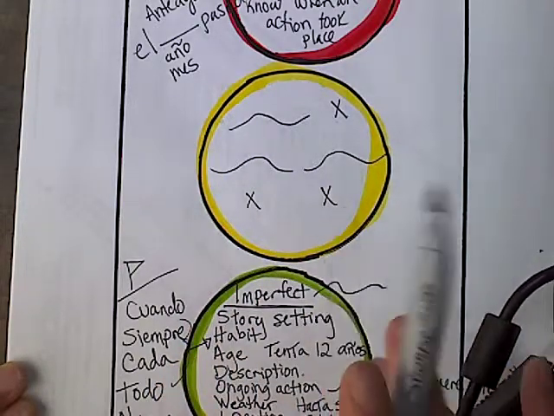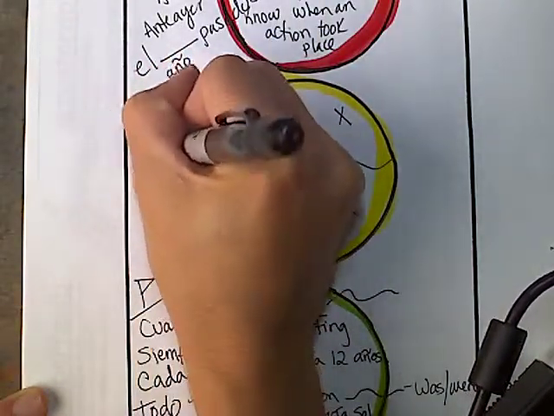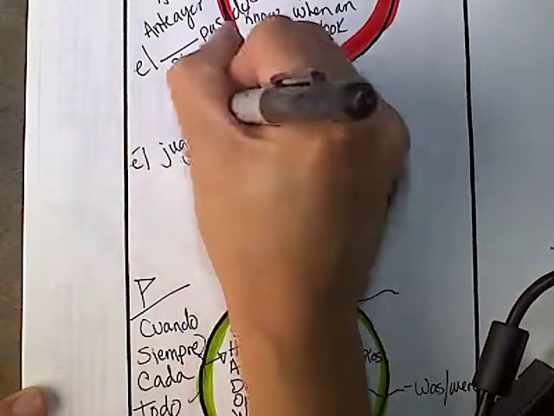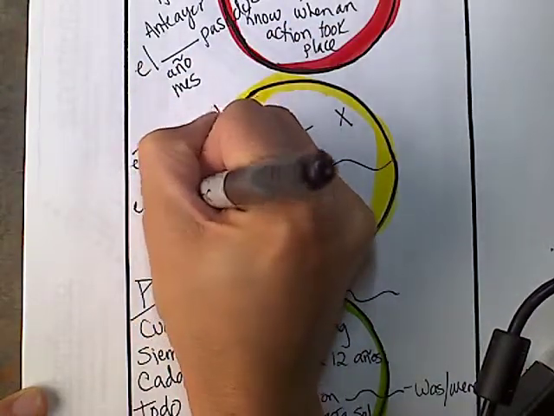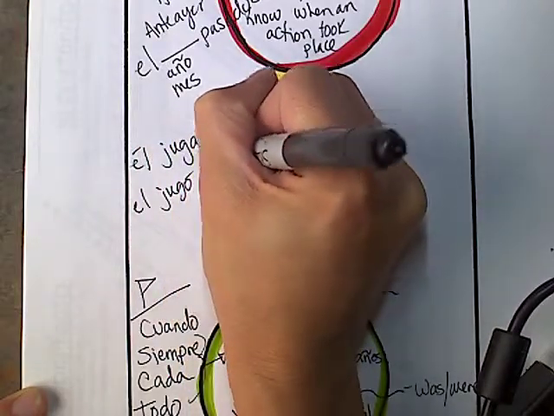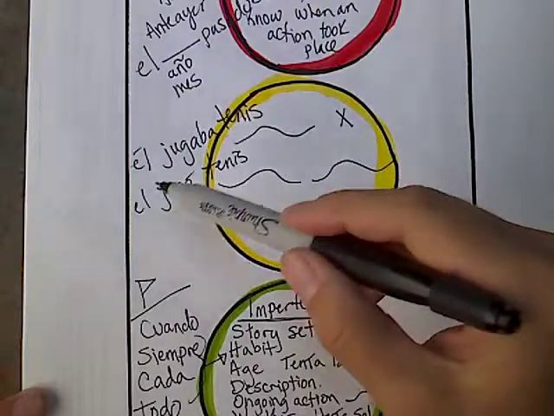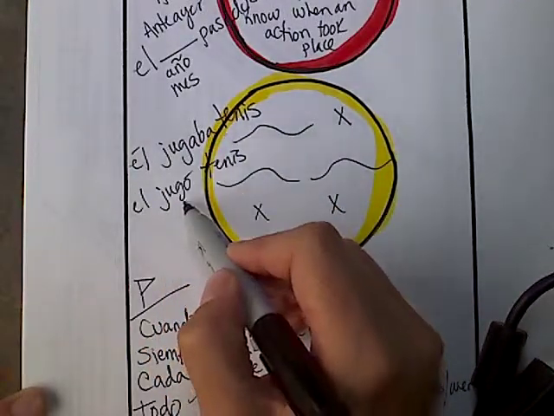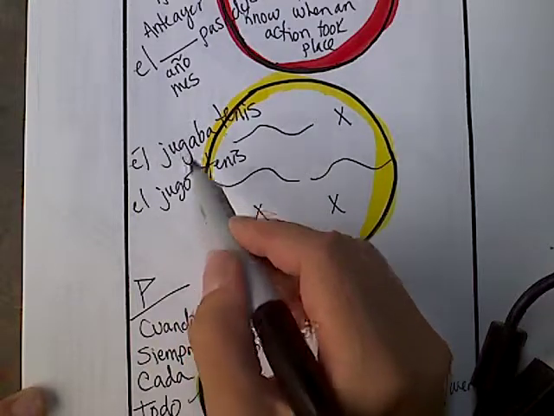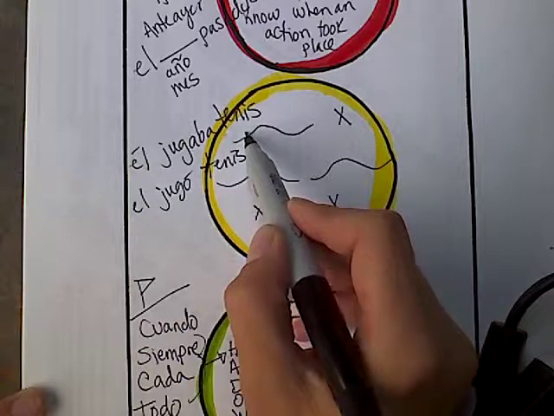Okay? Or let me show you one other example. Él jugaba tenis versus él jugó tenis. Now there's nothing in the sentence that signifies, nothing like ayer, siempre, anything like that, but we've got two sentences, one using the imperfect and one using the preterite. And because of that, they mean two very different things. What does él jugaba tenis mean?